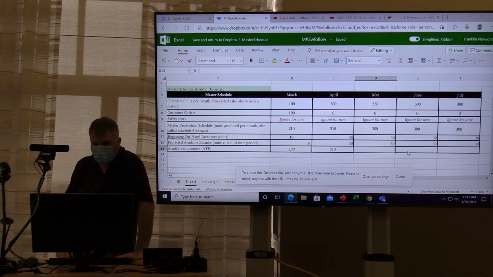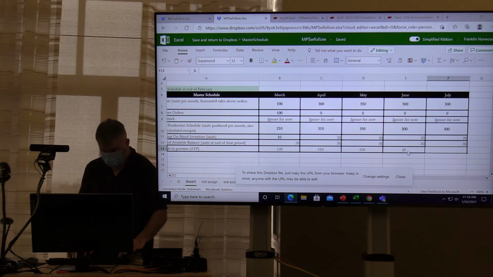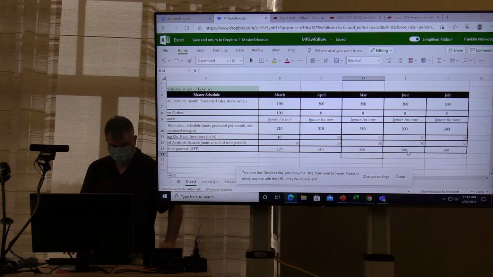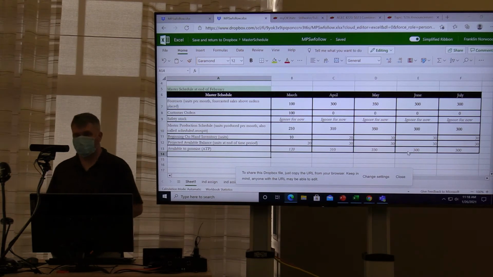What do you think ATP is going to be for May? 350. You got it. So you're getting it. 350, then I think you see 300. 300. Just a couple rules to learn, and it's all pretty easy.